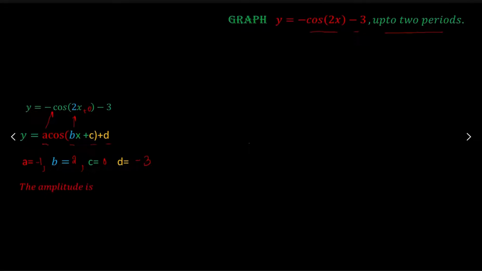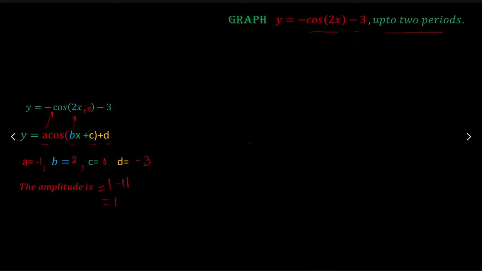Now, the amplitude. Amplitude is always the absolute value of our a, which is the coefficient of the cosine. That means the absolute value of -1, and that is going to be +1. So remember that absolute value really means the distance from the midline to the max or the min of the function.